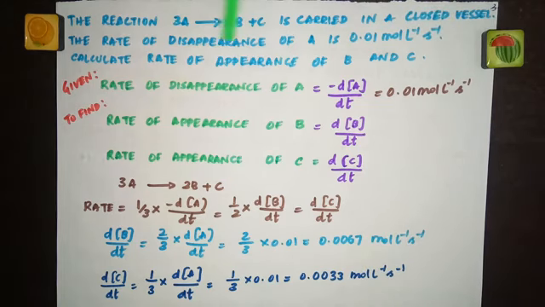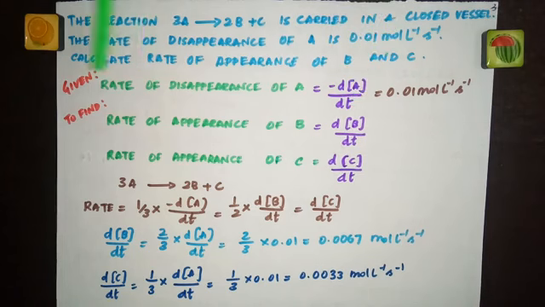How can I represent this rate of disappearance of A? Minus d[A] by dt. So rate of disappearance of A is equal to minus d[A] by dt. So this is given. What is given? 0.01 mole liter inverse second inverse. So this is the rate of disappearance of A.